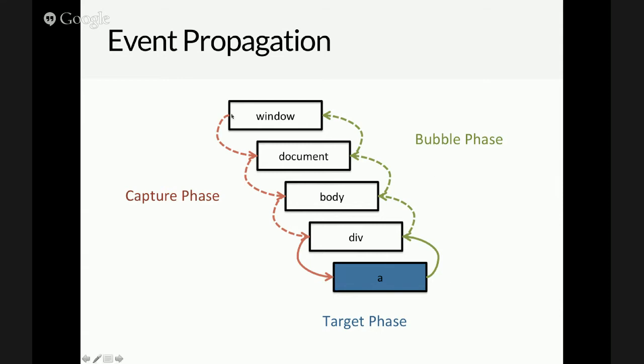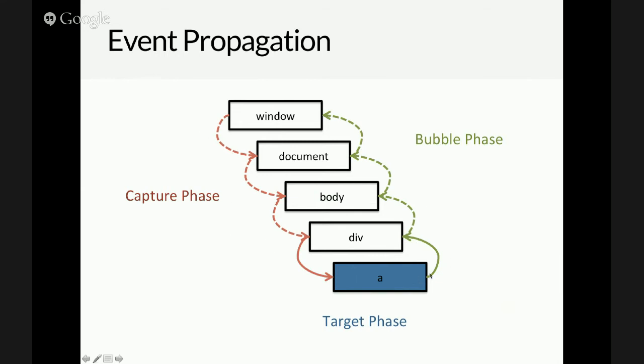If you listen on the capture phase on the window, you get that event handler before anybody else has a chance to prevent your event handlers from being called. So logging is very useful for the capture phase.